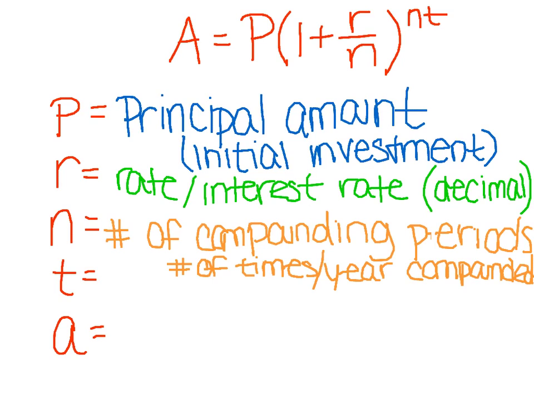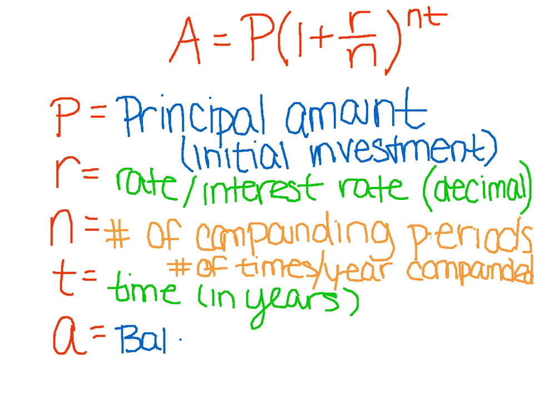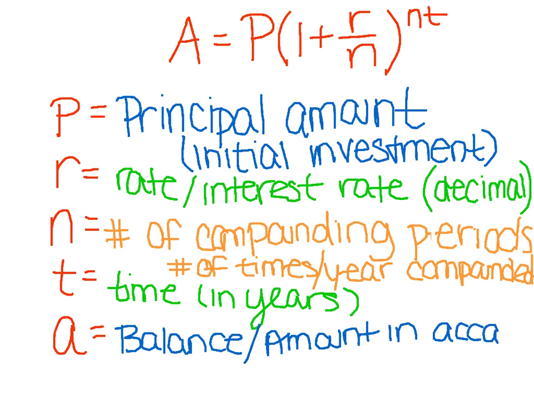Next we have T. T is time. That's representing my time, and it's usually going to be in years. And finally, we have A. That's what we're solving for. That's our balance. That's our amount in the account after X amount of years. So amount in account over time.